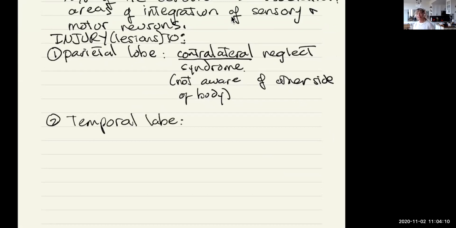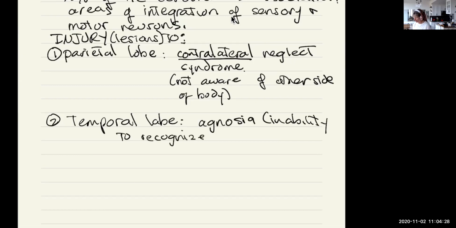It results, interestingly, in a disorder known as agnosia, which is the inability to recognize objects.